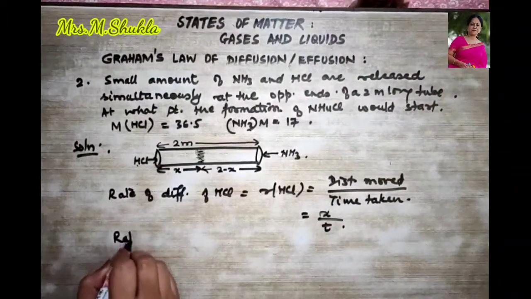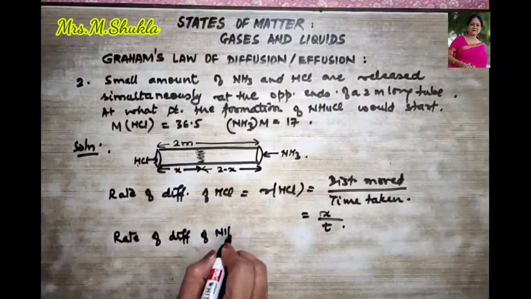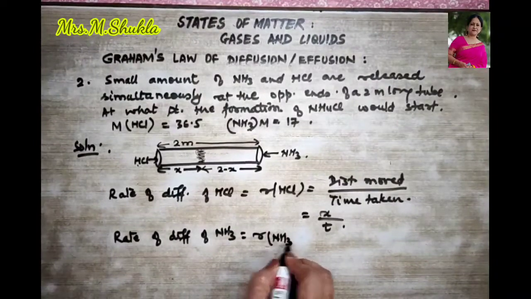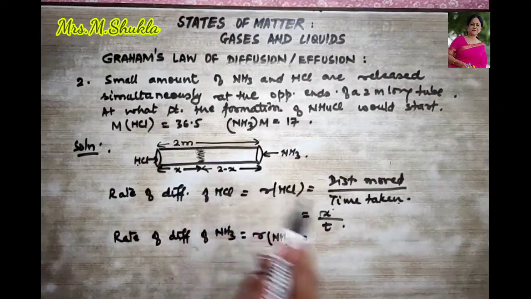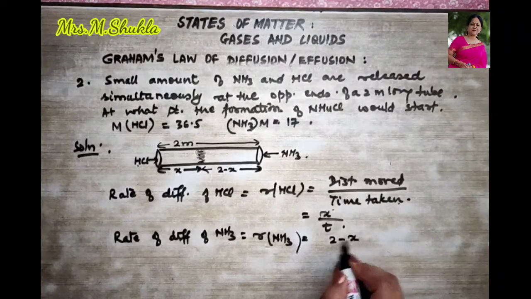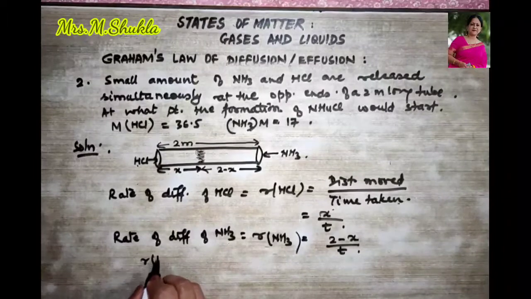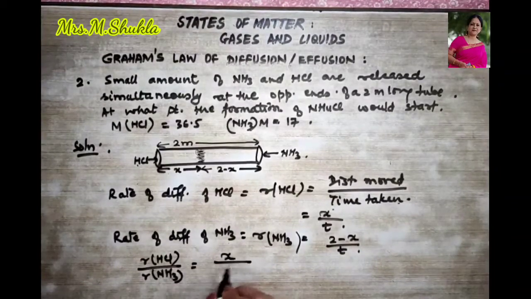Then the rate of diffusion of ammonia, NH3, is again distance moved upon time taken. Distance moved is 2 minus x, and time taken is t. So R of HCl upon R of NH3 will be equal to x upon 2 minus x.